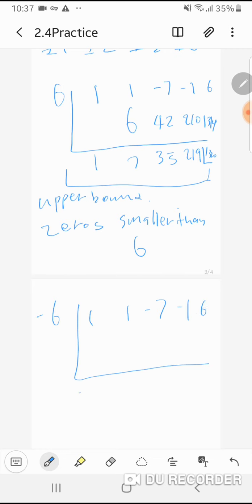Okay, 1, -6, -5, 30, 23, -138, -139, and then 834, and then we get 840.